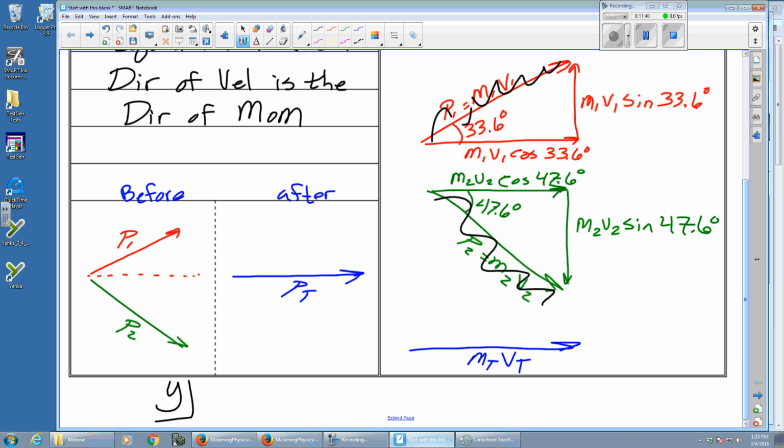Which way should we call one direction positive and the other negative? Okay, which one do you want to call positive? Up, and we'll call the right positive too. So up is positive and also to the right is positive. That works. So I want to say that the momentum before the collision, the red plus the green, equals the momentum after the collision.